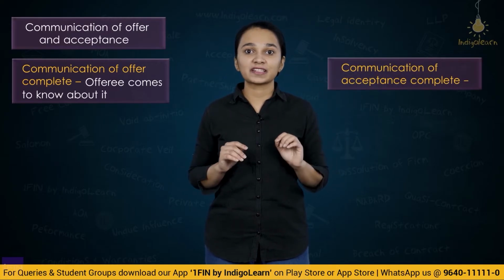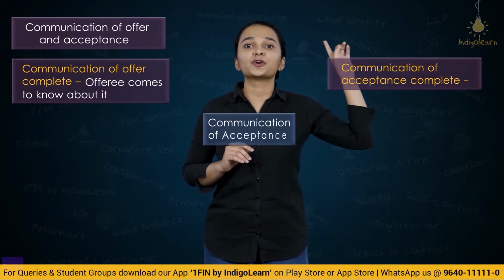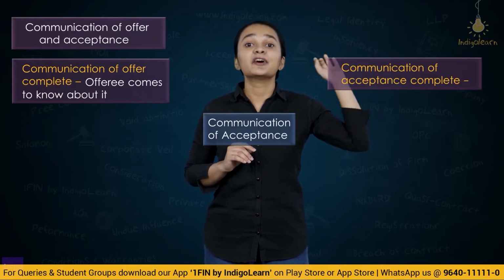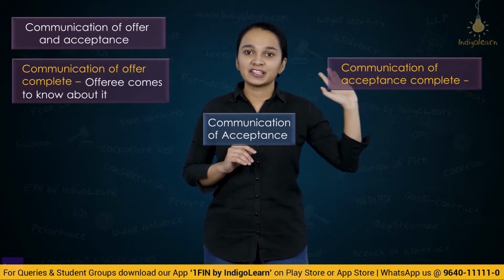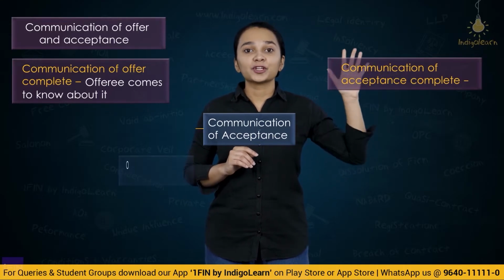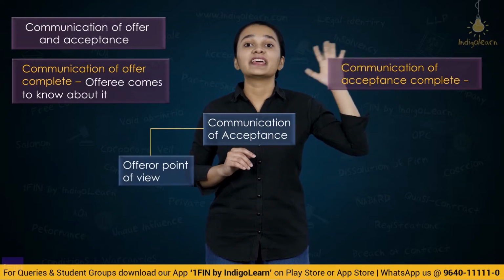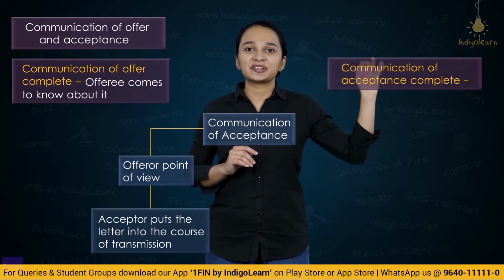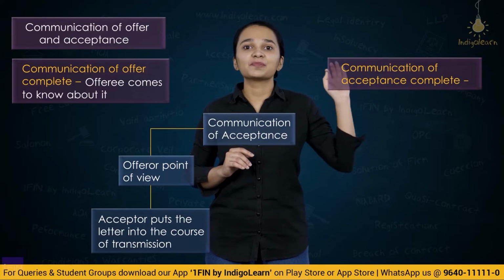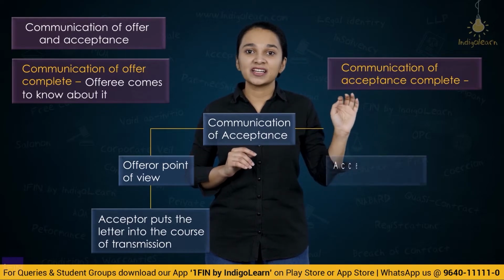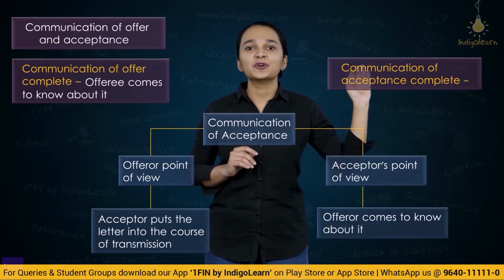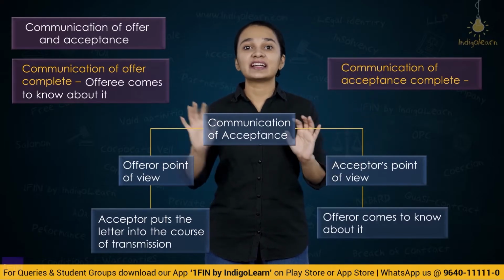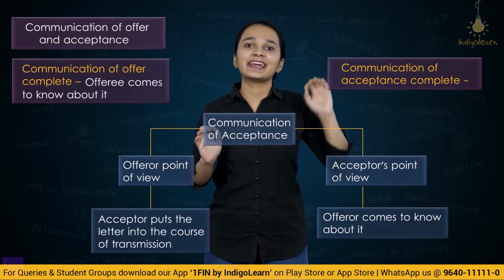So communication of acceptance is complete from the point of view of the offerer or the proposer when the offeree puts the letter into the course of transmission. And from the point of view of the acceptor, the communication is complete when the offerer comes to know about it. So this was regarding communication of offer and acceptance.